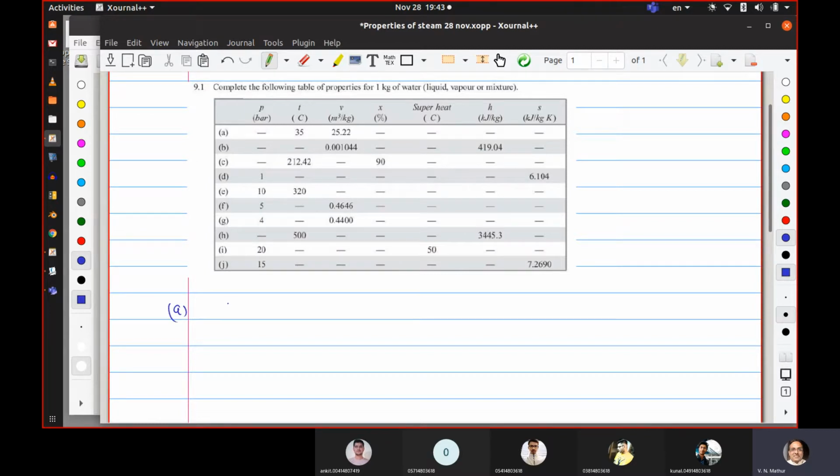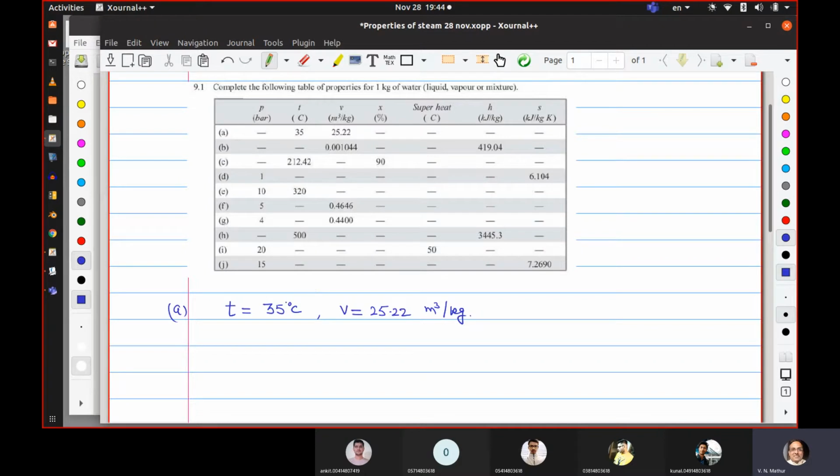For the first part, we have given temperature as 35 degrees centigrade and volume of the mixture is given. Mixture means it's a steam, vapor or steam. We do not know actually whether it's a wet steam mix or it's superheated steam. So by comparing these properties from the steam table, we'll have to find out and then we'll look out for the other properties from the steam table.